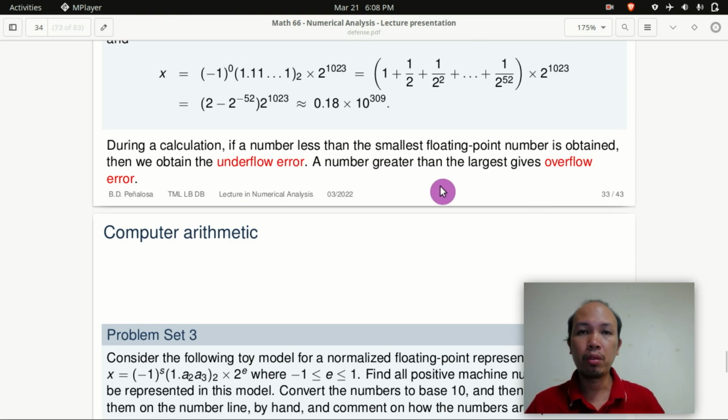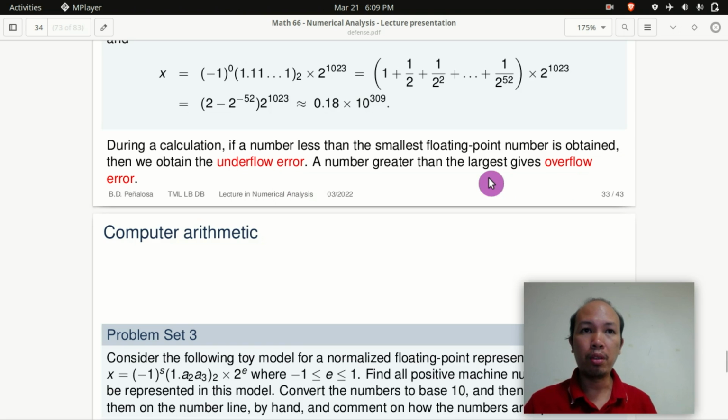So in the succeeding discussion, I will try to illustrate this one in Python. In Python, what do we mean by underflow and overflow?